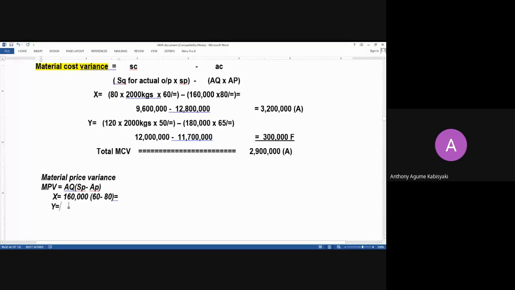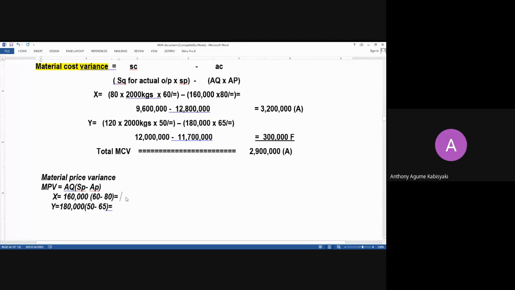Then for Y, AQ for Y is 180 into the standard price, which is 50, then minus actual price for Y, which is 65.